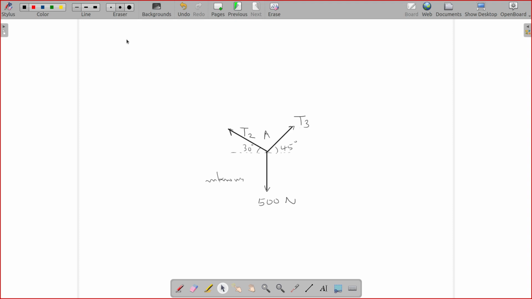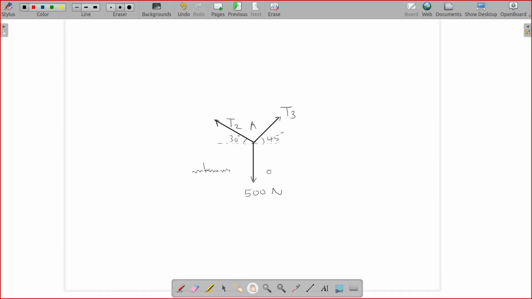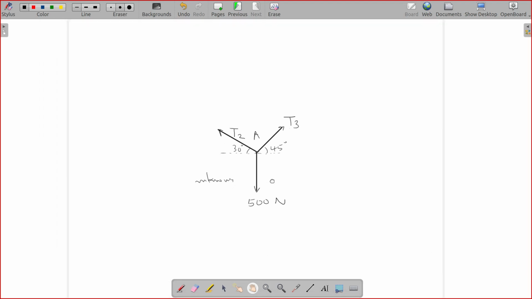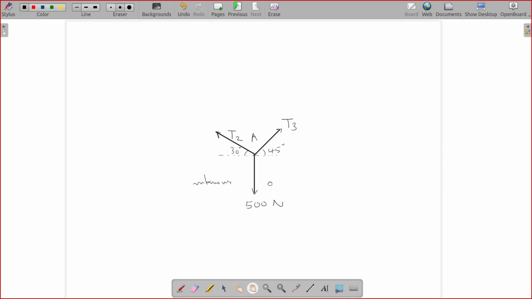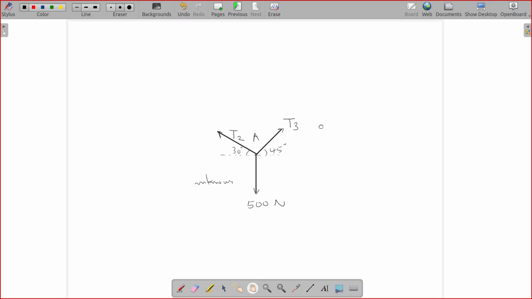So I will just write down the equations for the first system. For this system, what will be the equations?